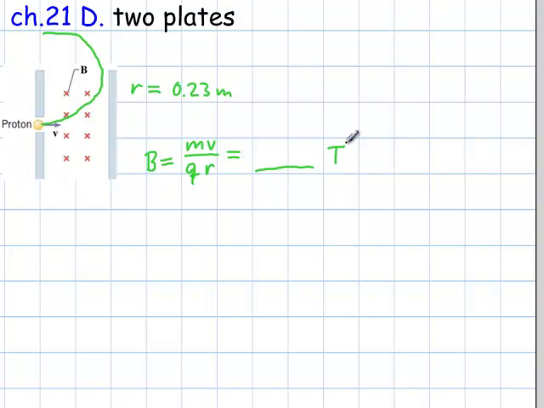The velocity is given in this problem, right? Being 3.5 times 10 to the 6 meters per second. The charge of the proton is just the opposite charge of the electron, so it's positive 1.602 times 10 to the negative 19 coulombs, and the radius is given in the problem as 0.23 meters. So again, just a matter of plugging in numbers.